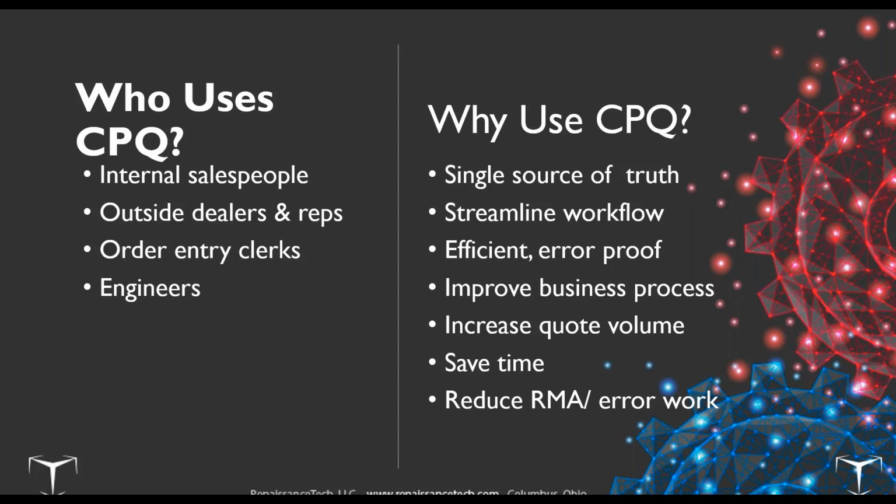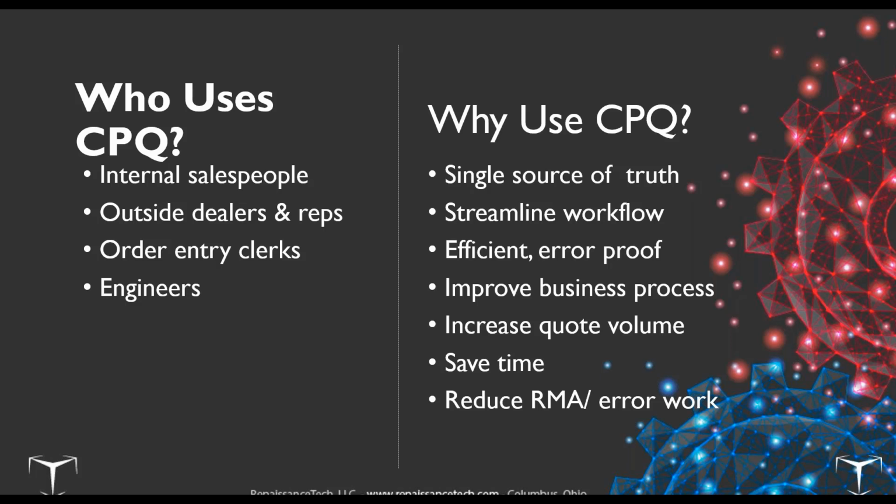Why are we using CPQ? So the basic reason, and the most important, is it's the single source of truth. All of your information is kept in one place, which means if you are updating pricing, updating models, it's all going to be held within CPQ and then applied to any application that's using it, such as your ERP system. It's going to streamline the workflow.